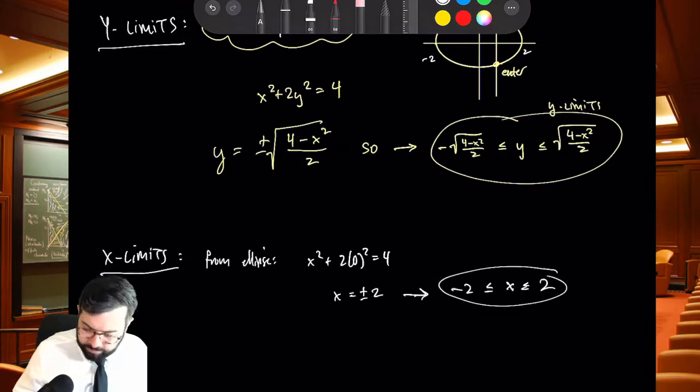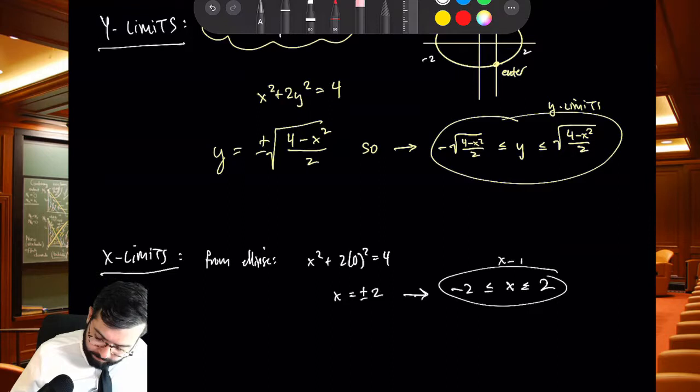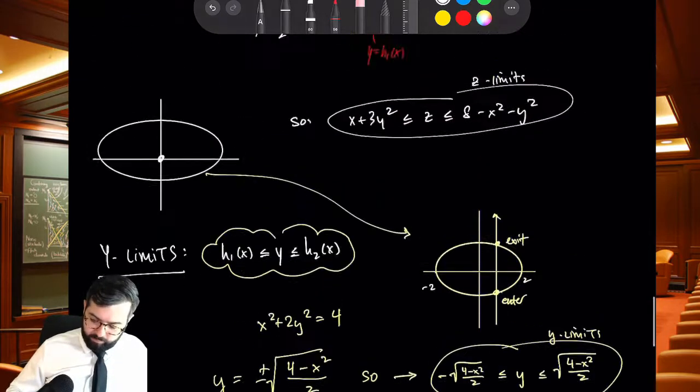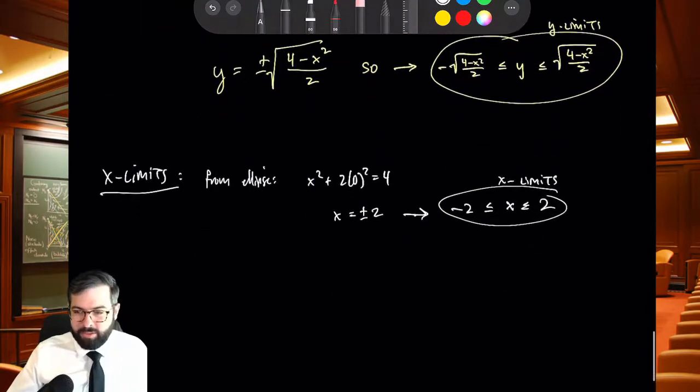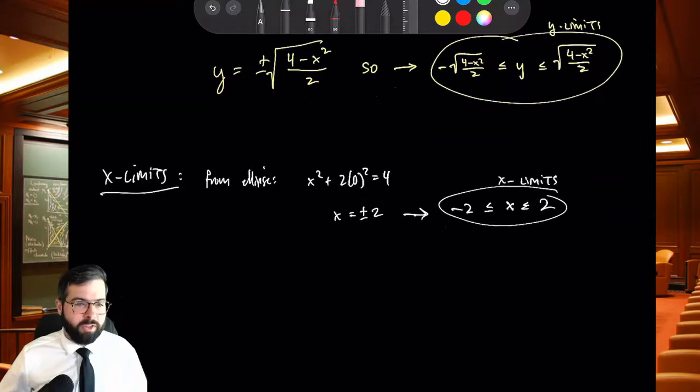Does that make sense? Okay. All right, so we've got z limits, y limits, x limits. That's the hardest part of these problems, okay, is doing just what we did.